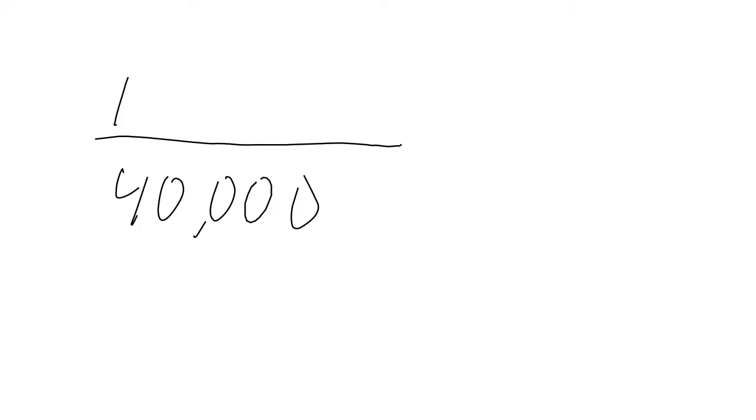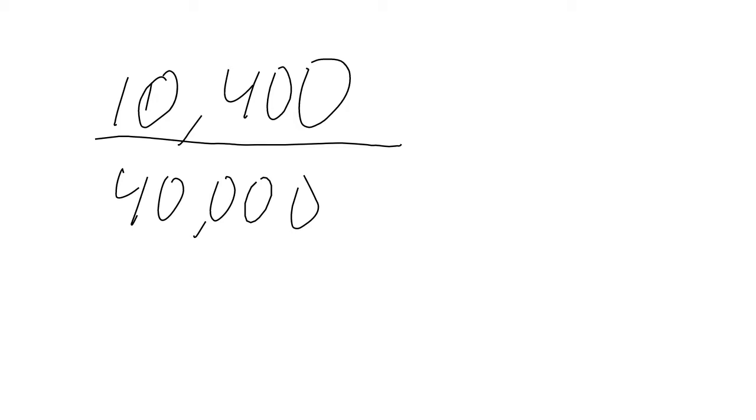The amount that they paid in taxes was 10,400. The question said something like, what simplified fraction represents the amount that they paid in taxes? So really what we're doing here is writing this fraction, and all we're going to do now is simplify it.